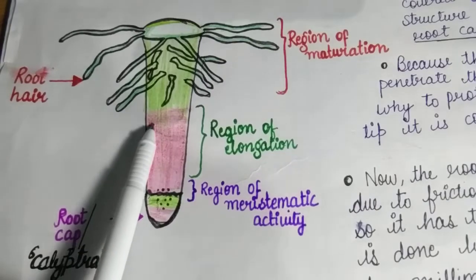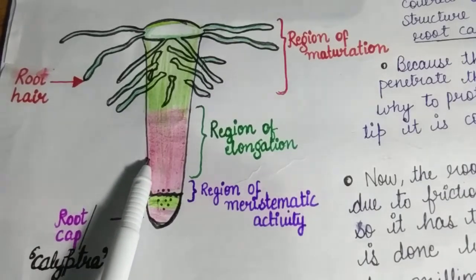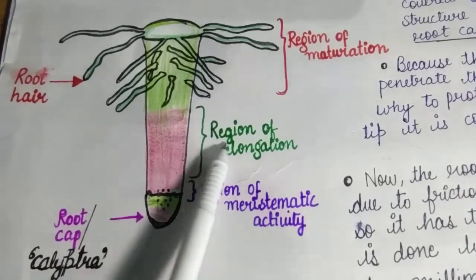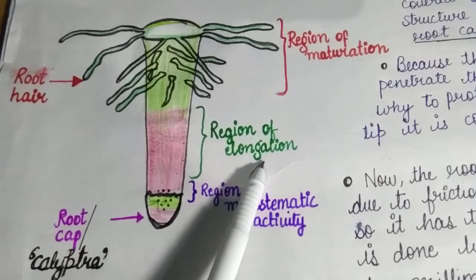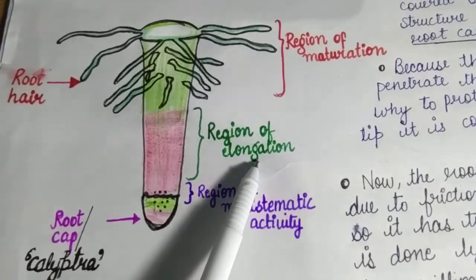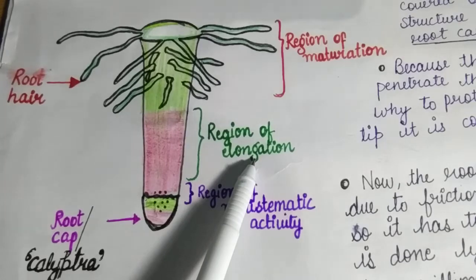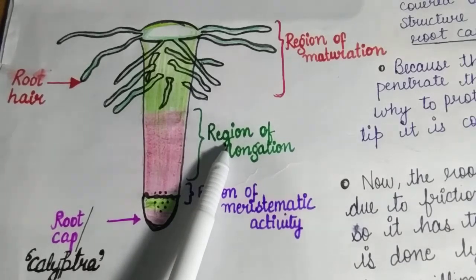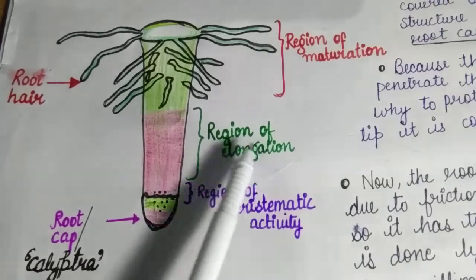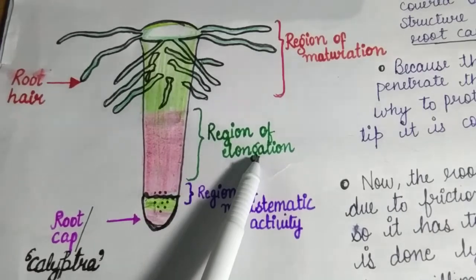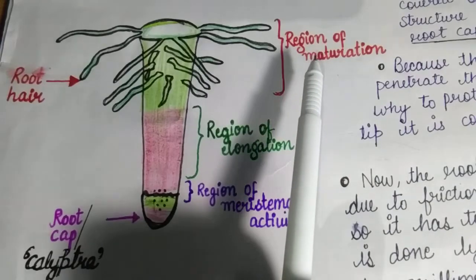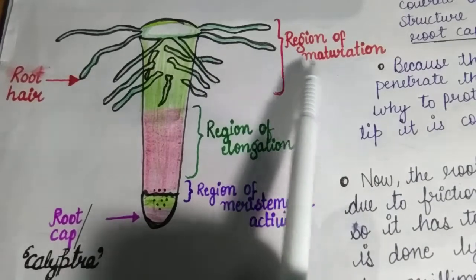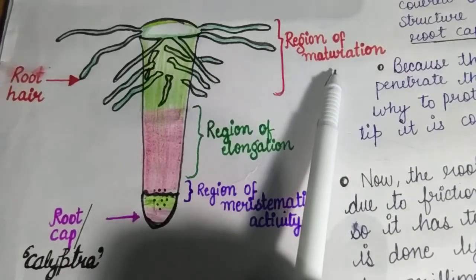The region where these enlarged or elongated cells are present is called the region of elongation. These elongated cells then get specialized to perform their specific function, and they occupy a region proximal to the region of elongation. This region where these specialized cells are present is called the region of maturation.